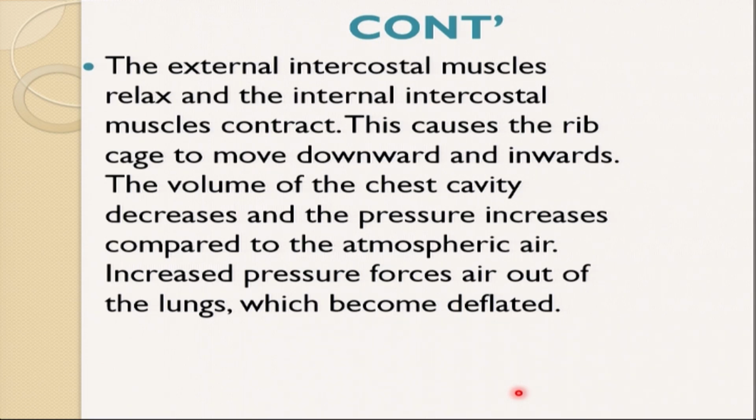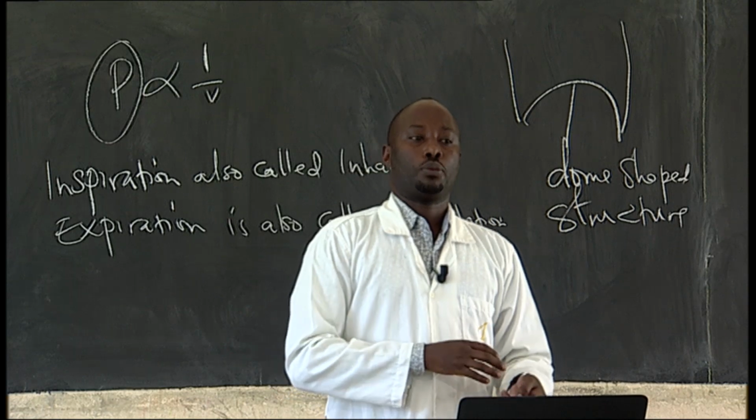The external intercostal muscles relax, but the internal ones contract. Eventually, this causes the rib cage to move downwards and inwards, and now air is going to be expelled out from the body. By this, it means that the volume of the chest cavity will not increase. Instead, it will decrease, and the pressure increases.